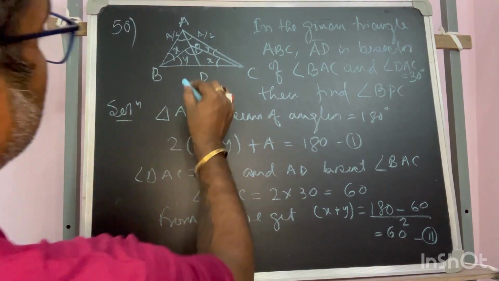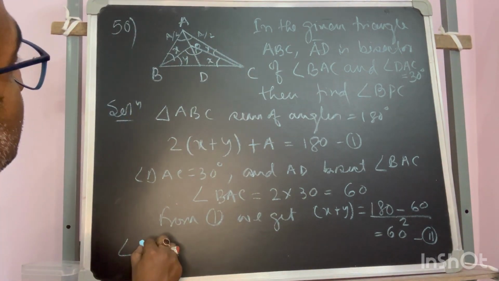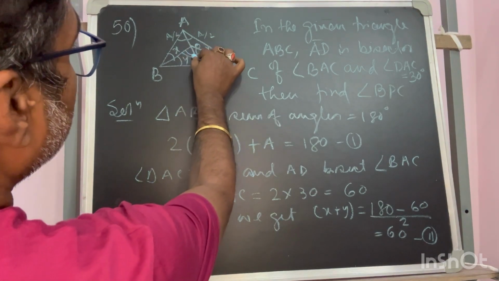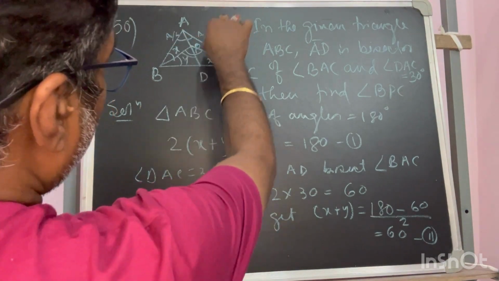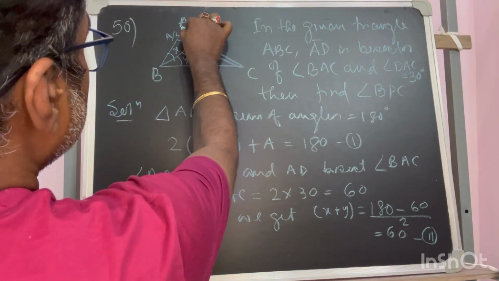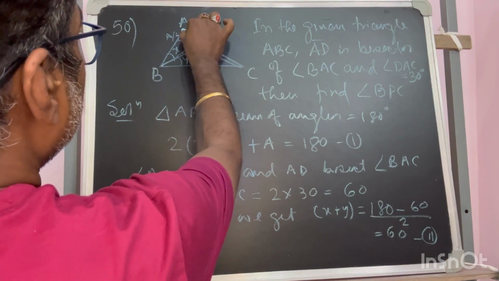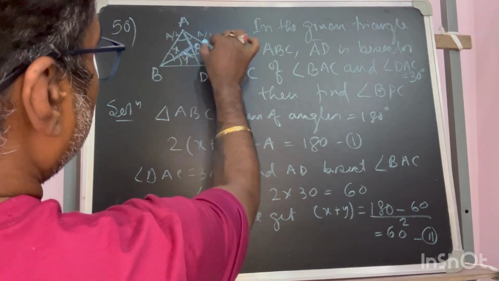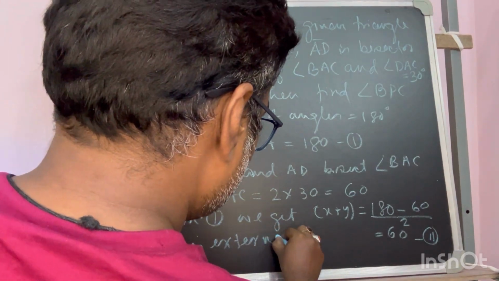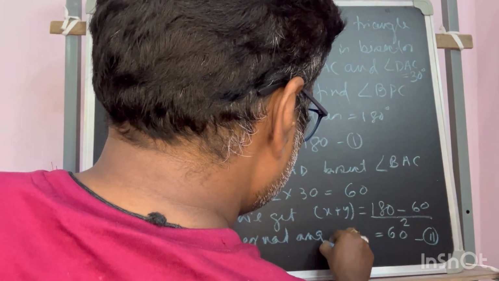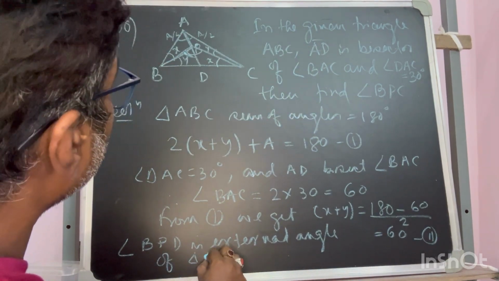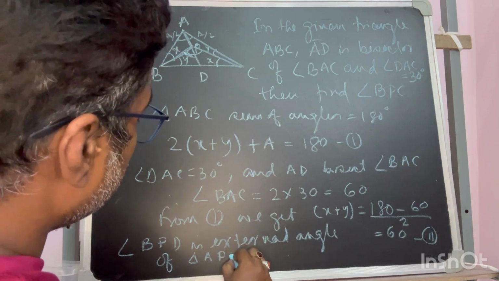Let me check. Now what about angle BPD? This is a part of the total angle BPC. BPD is an external angle for this triangle, the external angle of triangle APB.